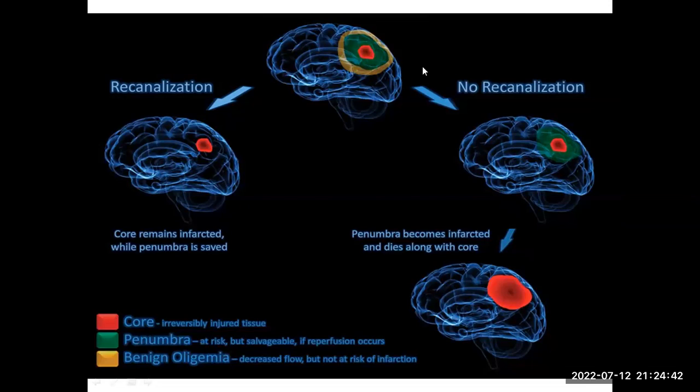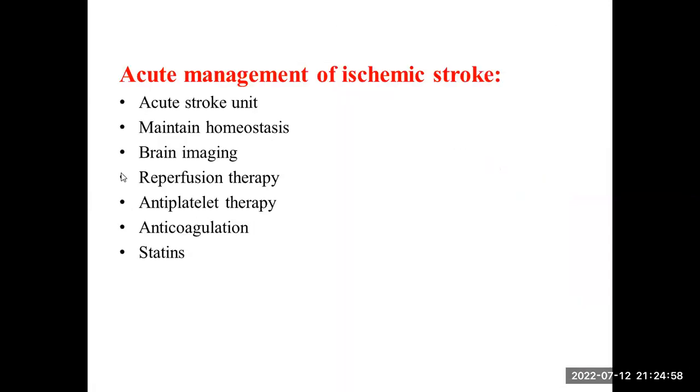And these collaterals have a capacity. If you exceeded the capacity of these collaterals, eventually, even these collaterals will fail to supply the penumbra, and eventually the penumbra will become infarcted as well. So the main point of reperfusion therapy is to limit the size of infarction.